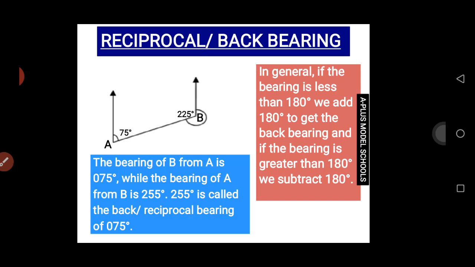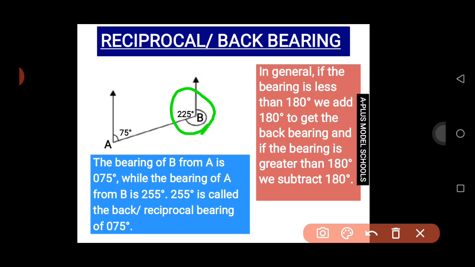So let's now go to the last subtopic we have under this bearing, which is reciprocal or back bearing. Don't forget I told you earlier that if I want to look for the bearing of A, I will go and look from B. And if I want to look for the bearing of B, I will go to A. So here, the bearing of B from A is 75 degrees.